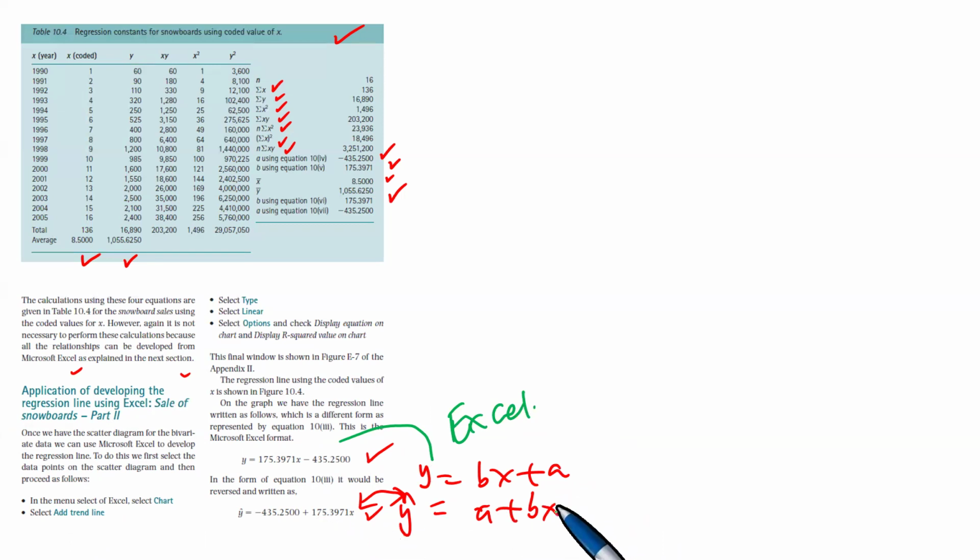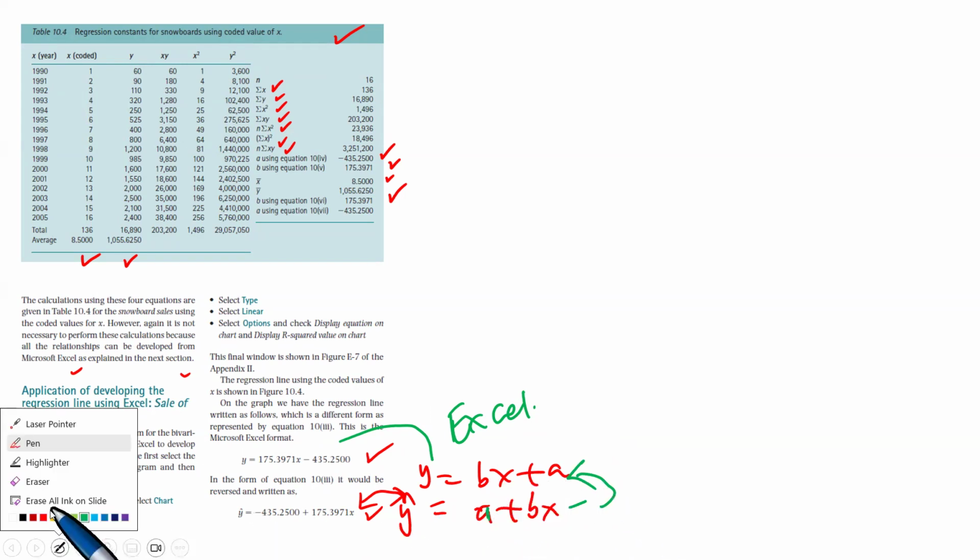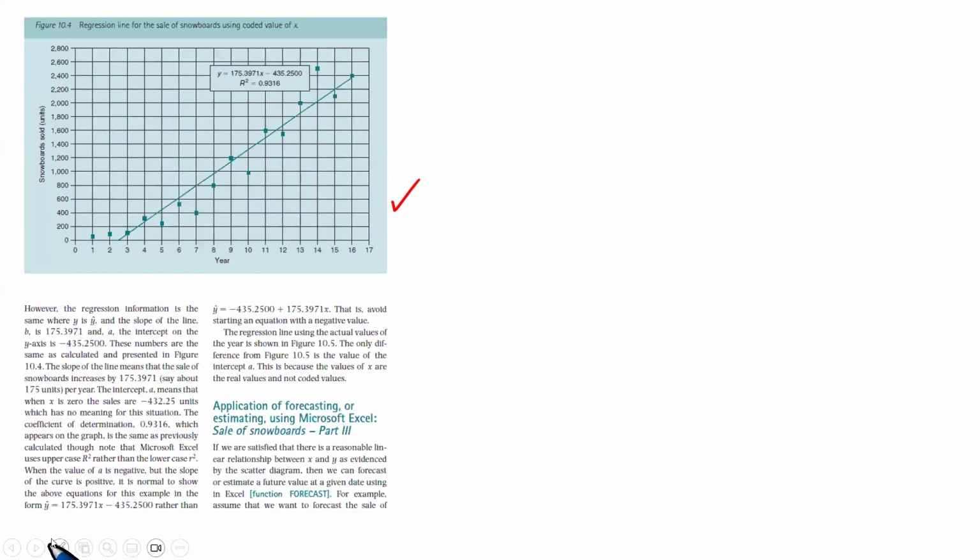This one here is in the form of the equation, where we wrote the constant plus bx. And then the other one is Excel, which starts with the x term and then the constant.